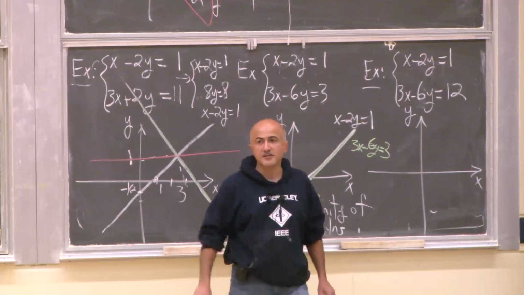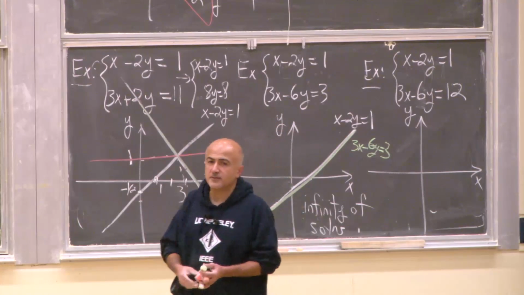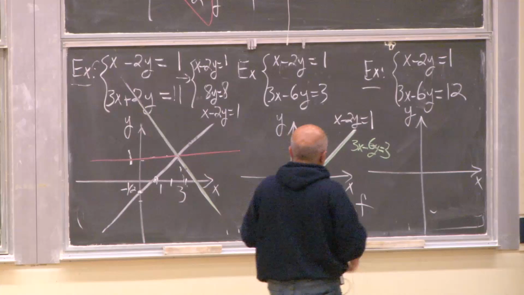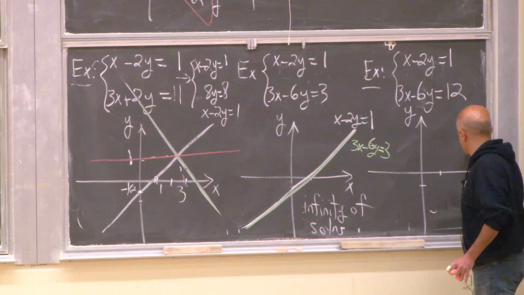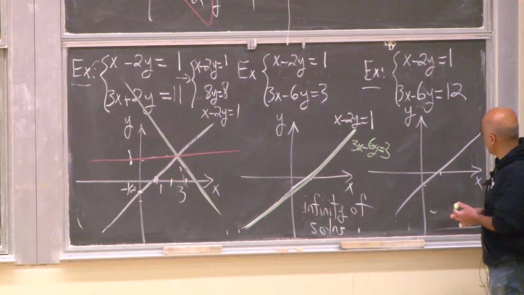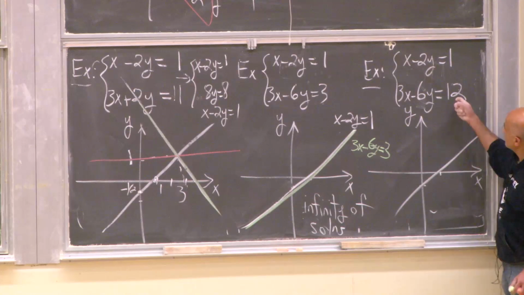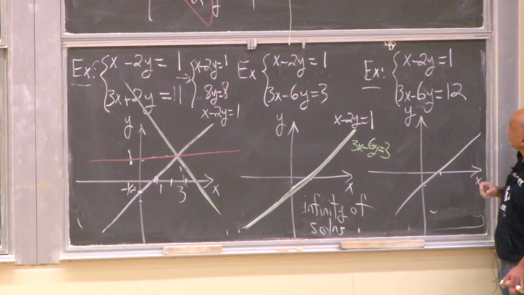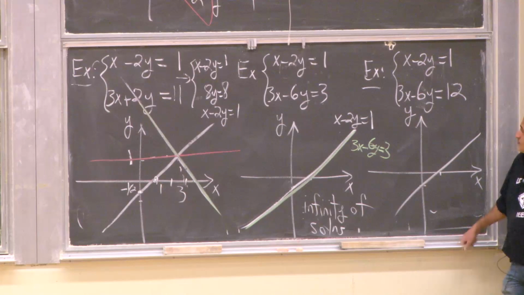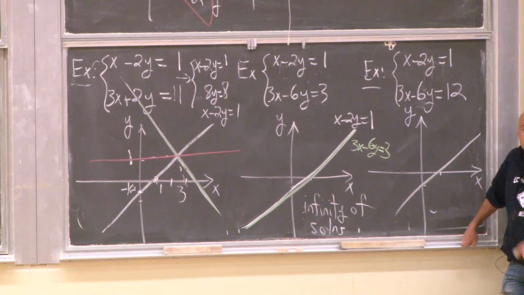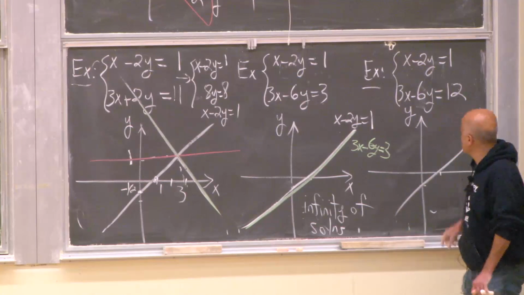What do you think is going to happen in the last case? They're parallel. The first equation is the same as before. And the second equation, okay, so I'll take a volunteer for this one. Actually, why don't you finish the story?